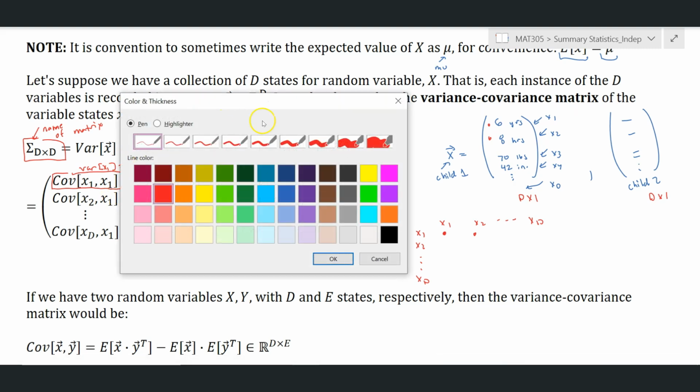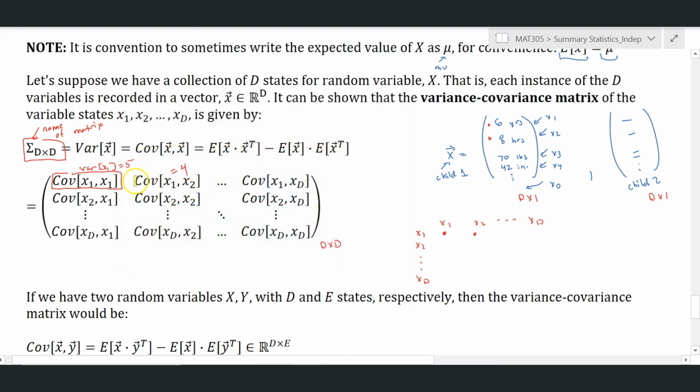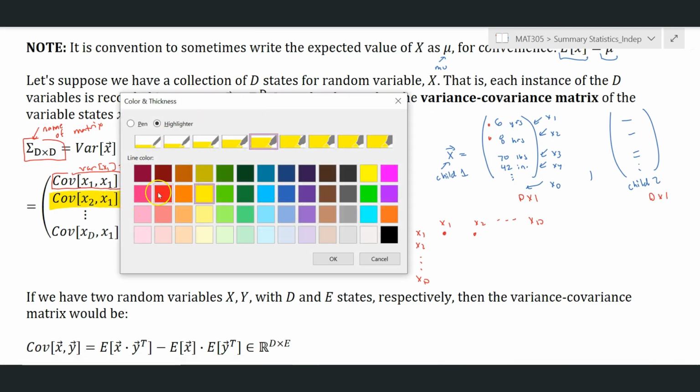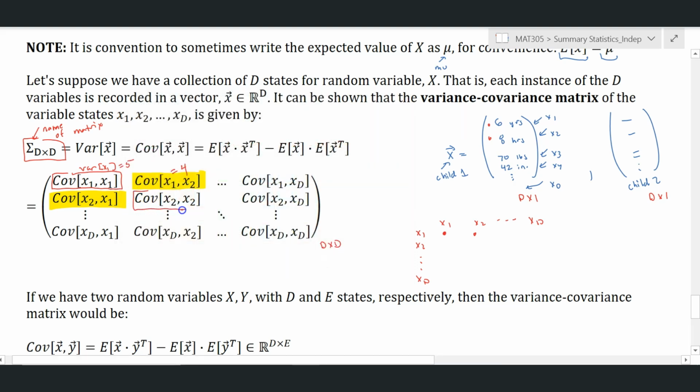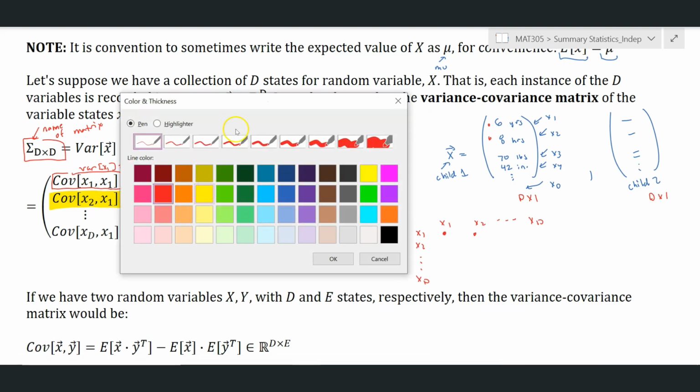So these two values are the same, and so it makes sense to think about this and this as the same. Okay? Along the diagonals here, notice that this is a variance between x2 and itself. This is a variance, so the diagonals are going to contain the variances, and then the off diagonals are going to contain the covariances.